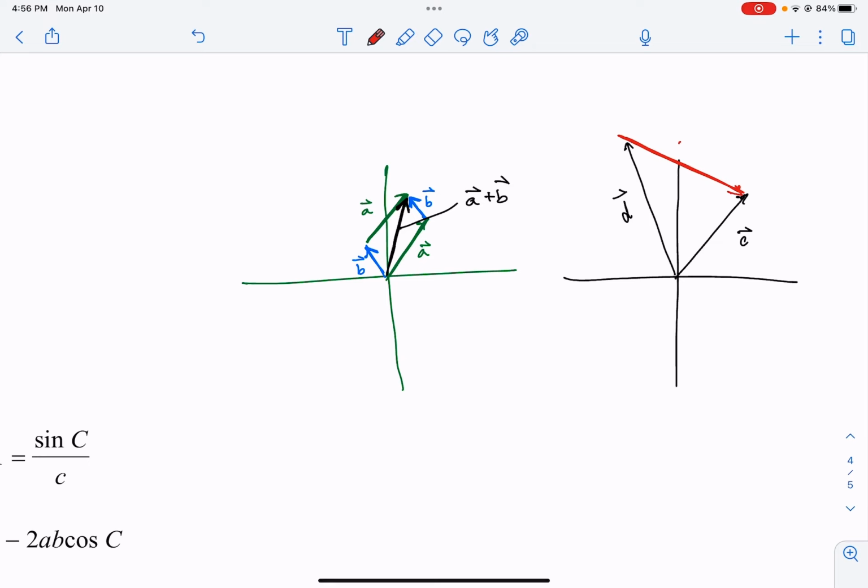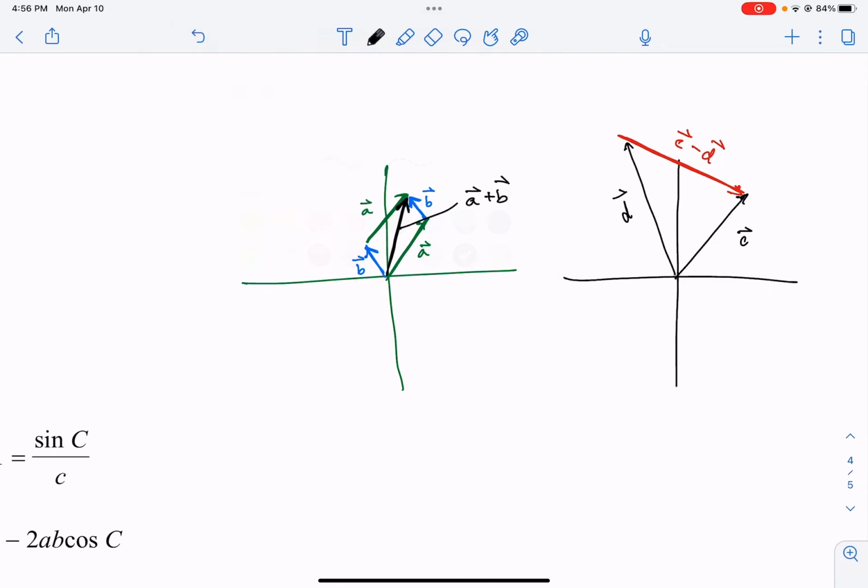So this is the vector C minus D. And the reason for that is because if you add up this vector with this one, you have D plus C minus D. So the D and the minus D cancel, and you're left with C as the resulting answer. So it should make sense with the way vector sums work.